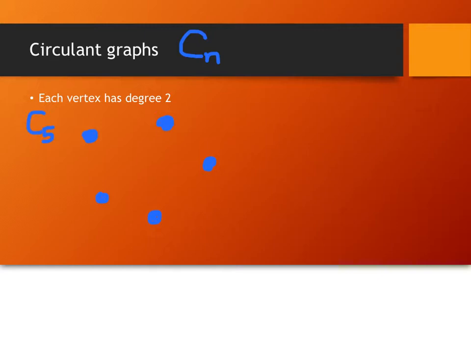The easiest way to draw a circulant graph is to draw it as the outside perimeter, where we go vertex to vertex and travel along edges. Okay, so C5 looks like this.